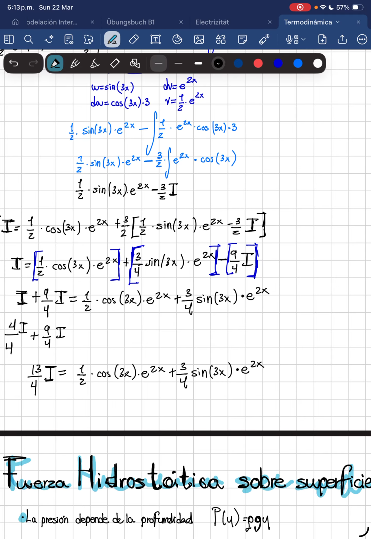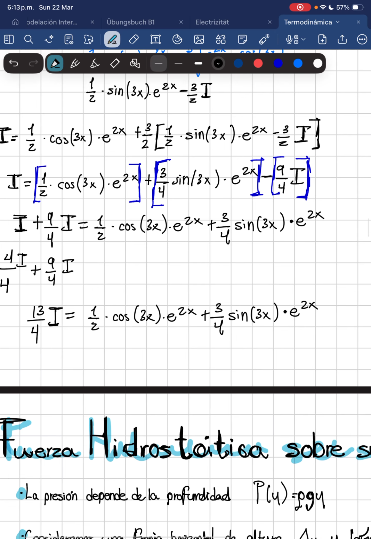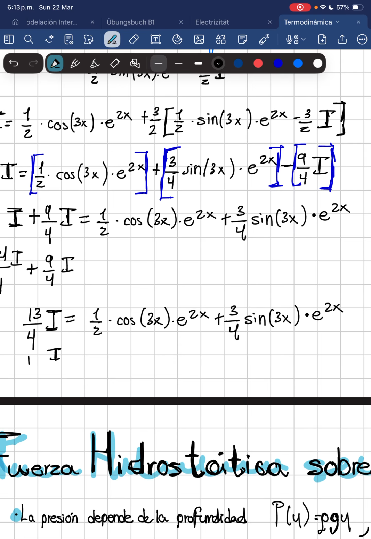Okay, so this 4 is dividing, so we pass it multiplying, and we're only left with 13I equals 4 times everything here, and we're just gonna make this easy, plus 12/4 sine of 3x times e to the 2x.